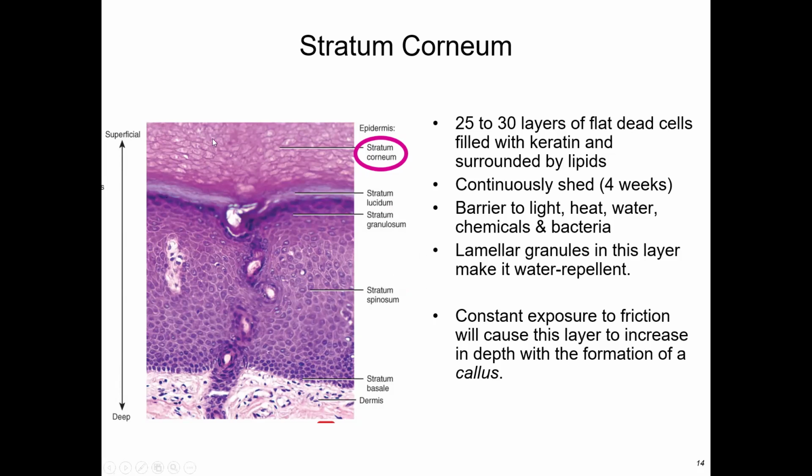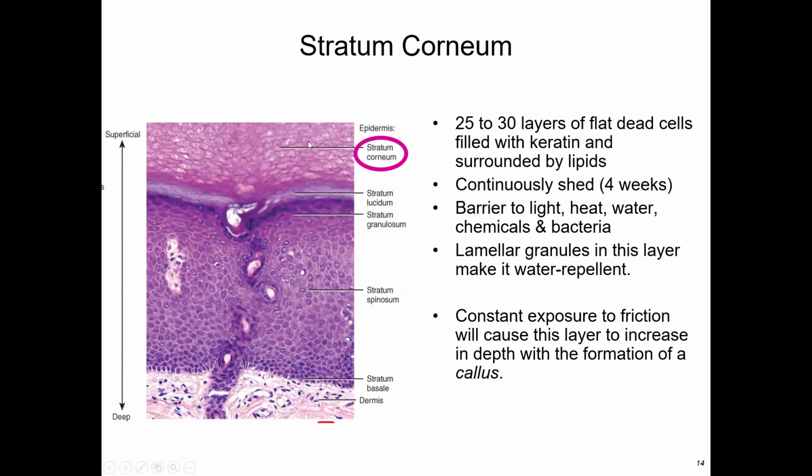So when we mention that a layer or two of stratum corneum is lost every day, we know that we have nothing to worry about because the stratum basale replaces that through its constant cell division.